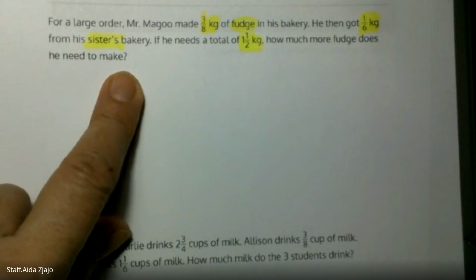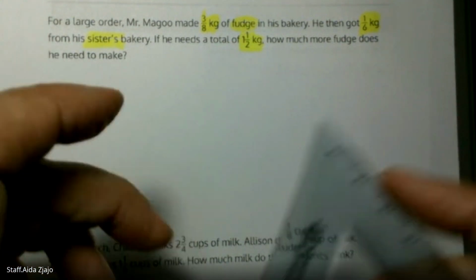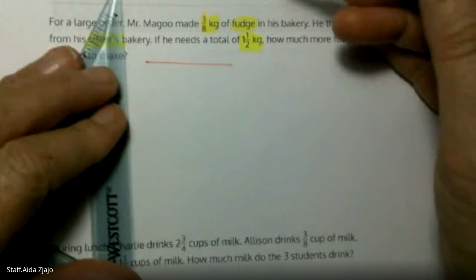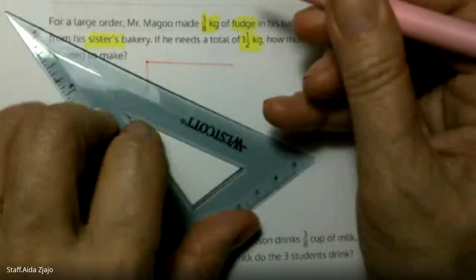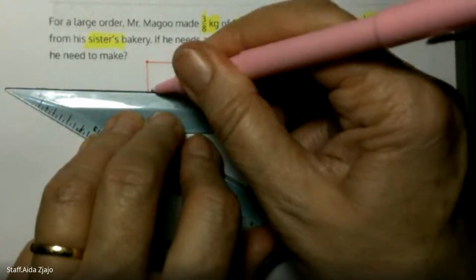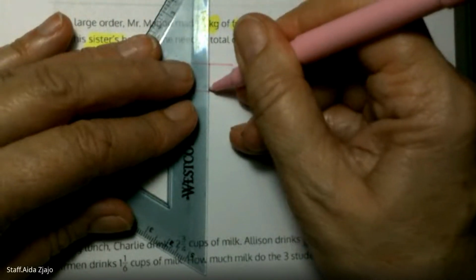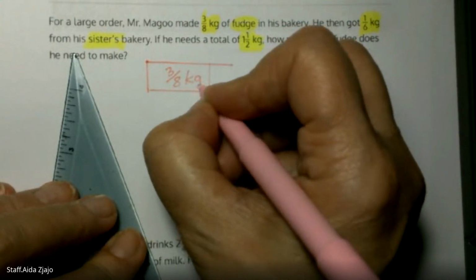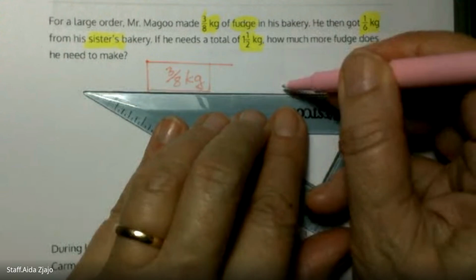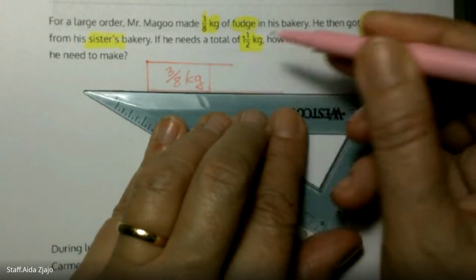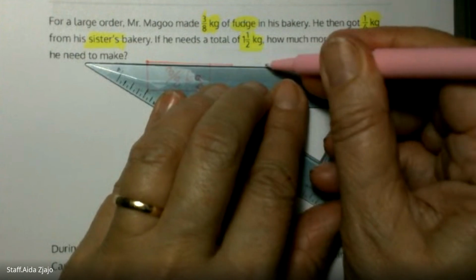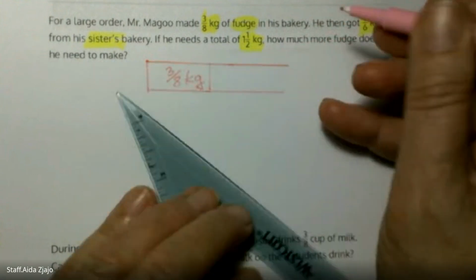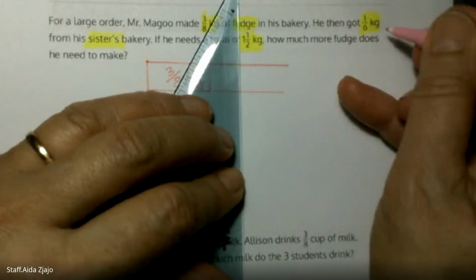So when you think about this, we can make a model. He got 3/8 of a kilogram, then he got 1/6 of a kilogram from his sister.